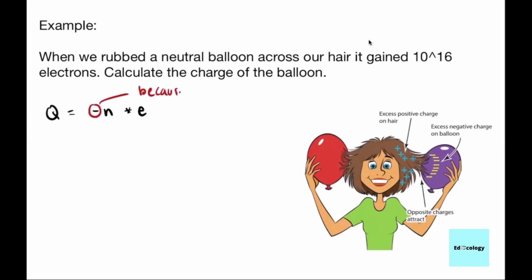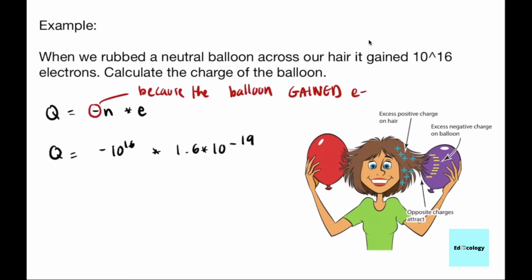So now we're going to just substitute the values. Q is equal to negative 10 to the power of 16 times 1.6 times 10 to the power of negative 19. When you multiply these two numbers on your calculator, you will get negative 1.6 times 10 to the power of negative 3 coulombs. This is just a simple example in order for you to understand how to use this formula.